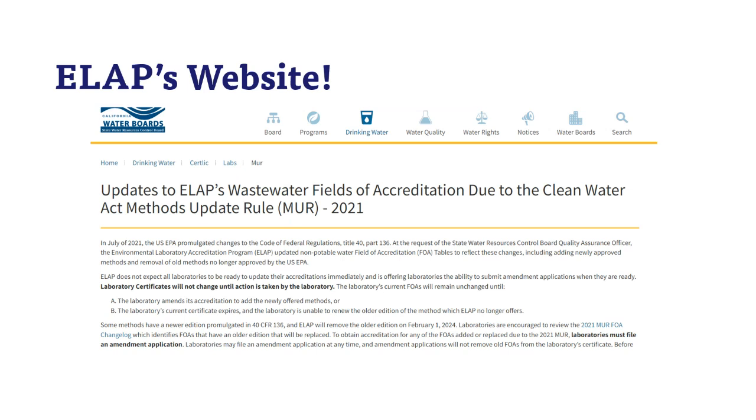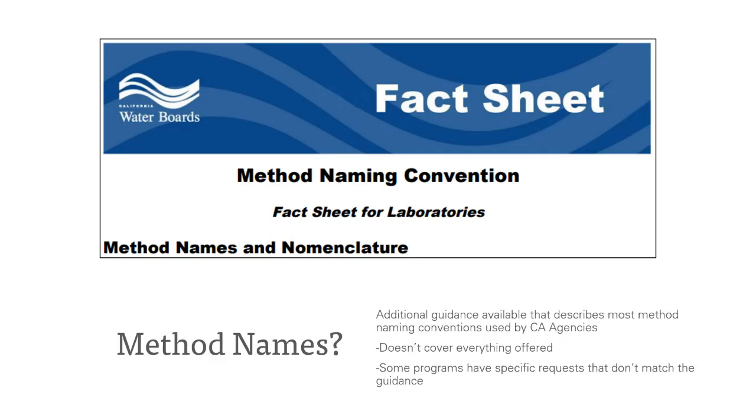So somebody yesterday asked in one of the questions about standard methods and their naming convention and how methods were named, and just deciphering the edition that they have and comparing that to which methods ELAP offered on our FOA table. And they're correct. There are some standard methods that are in multiple editions of standard methods. And so this fact sheet, it's on ELAP's webpage under guidance documents, or forms.